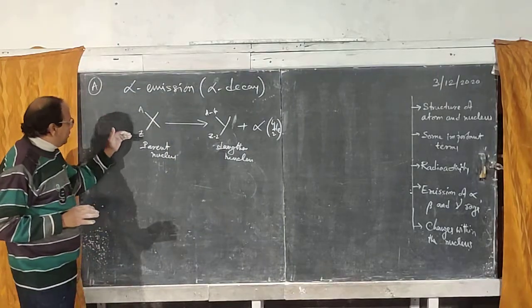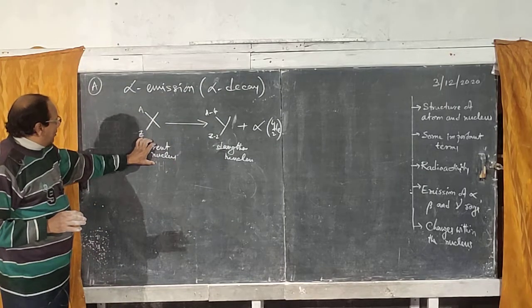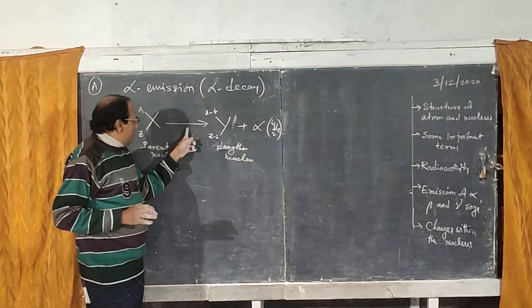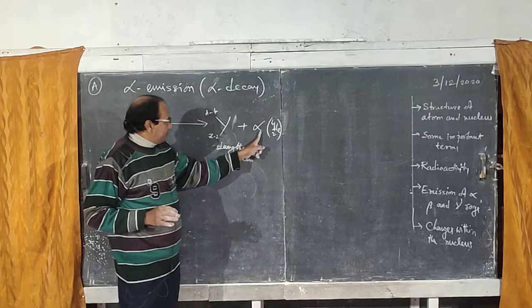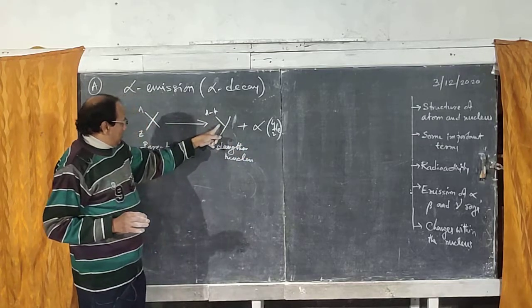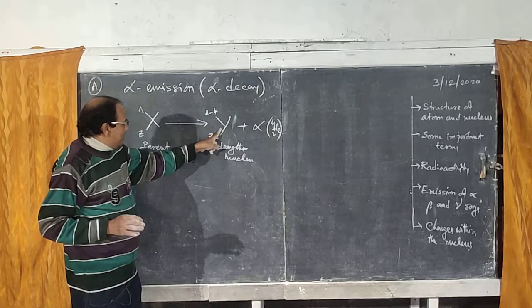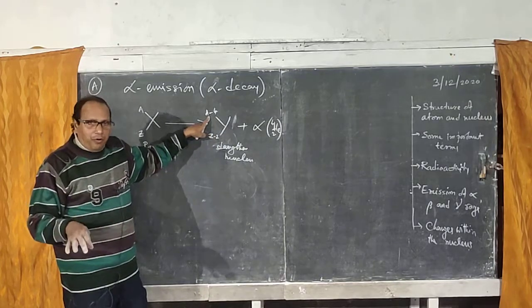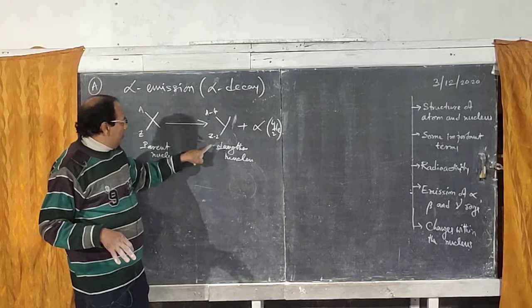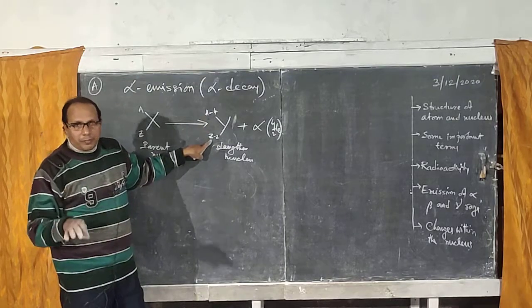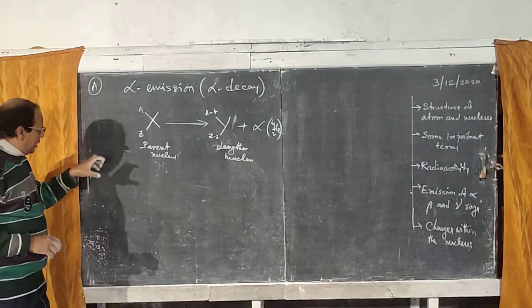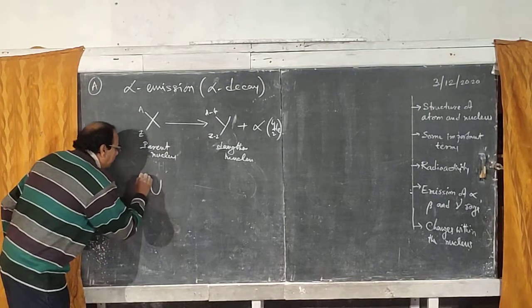So what you have seen here: X is the parent nucleus, mass number A and atomic number Z. When liberating one alpha particle, the nucleus becomes Y, the daughter nucleus, and the mass number is reduced by 4, so it becomes A minus 4, and the atomic number is reduced by 2, so it is Z minus 2.